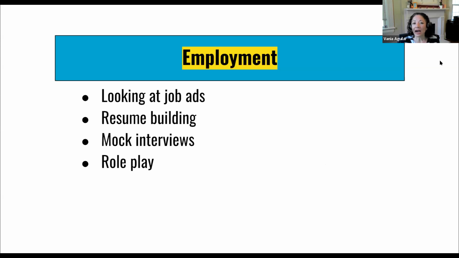Yes, Mercedes. Letting them know what employee rights are as well. That's huge. Not only what makes a good employee, but also what are your rights as an employee.